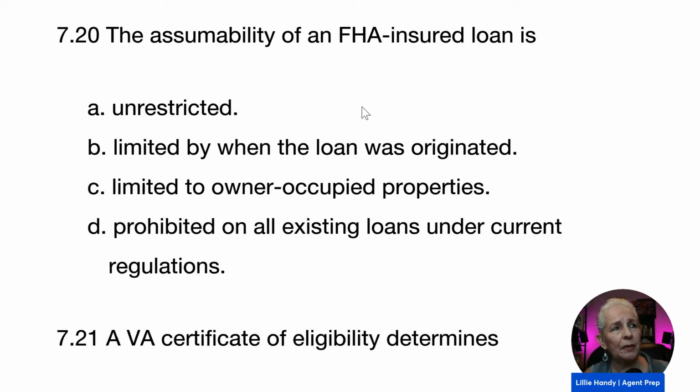The assumability of an FHA insured loan is A, unrestricted, B, limited by when the loan was originated, C, limited to owner-occupied properties, or D, prohibited on all existing loans under current regulations. So some loans are assumable.